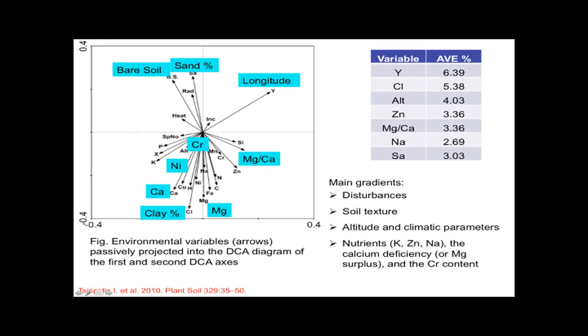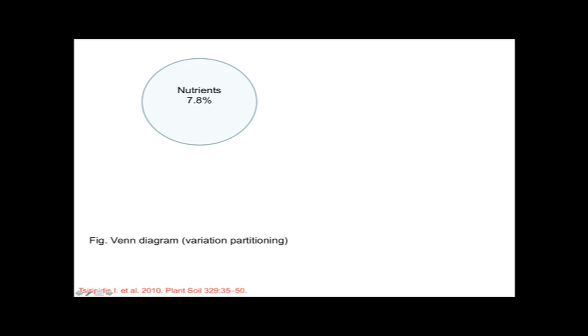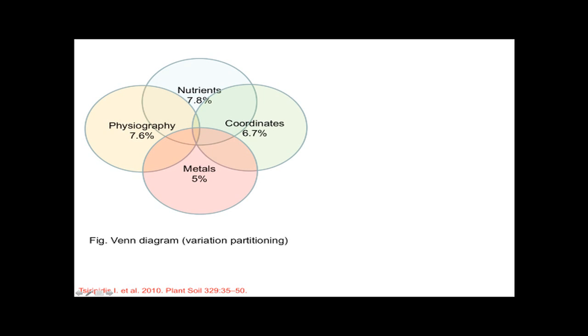However, we wanted to proceed one step further, so we made a variation partitioning. We tried to find the unique percentage of variance that can be attributed to 4 categories of variables. These 4 categories are nutrients, physiography, coordinates, and heavy metals.